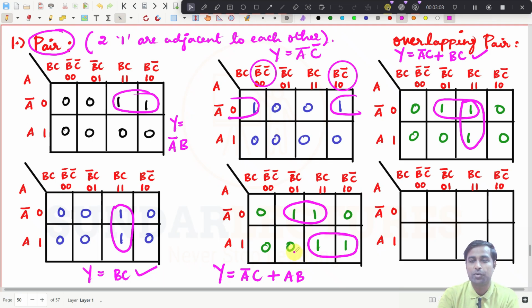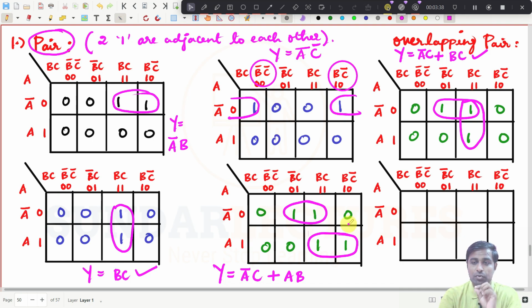I am asking you, should I map these two as a pair? That is also an overlapping pair, right? So what is my ultimate aim in a Karnaugh map? I have to cover all the ones. If I cover all the ones, for example in this K map, I have covered all the ones. These two I have covered as a pair, these two as another pair.